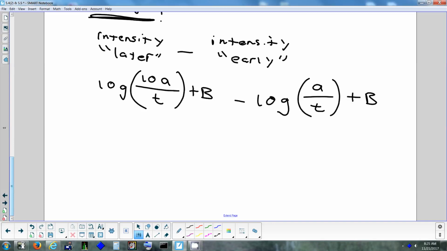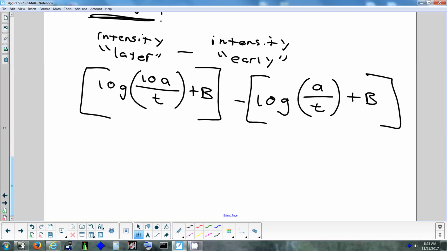Did anybody see something that's going to cancel out right away if you subtract that expression on the left from the one on the right? So you have log of something plus B minus log of something. And to be clear, I should put brackets around that. So you're subtracting the first intensity minus the second one. Yep. B cancels. Yeah, the B cancels, and it's important.